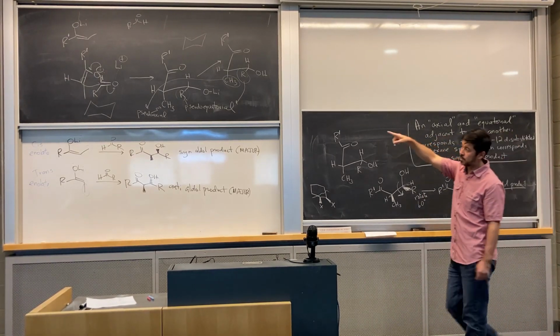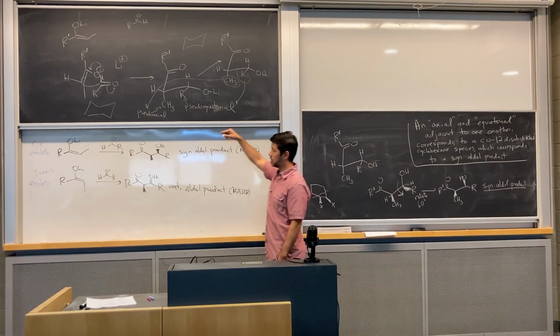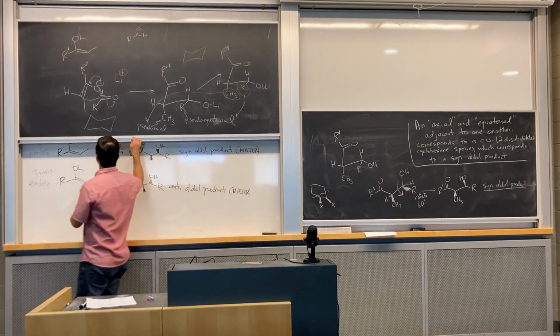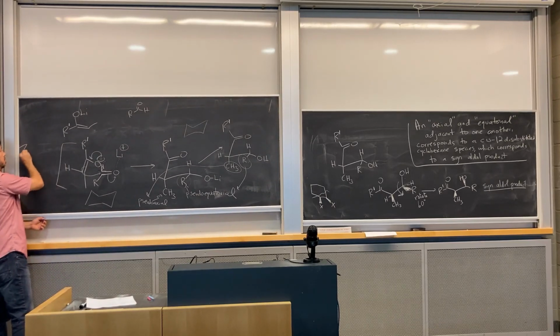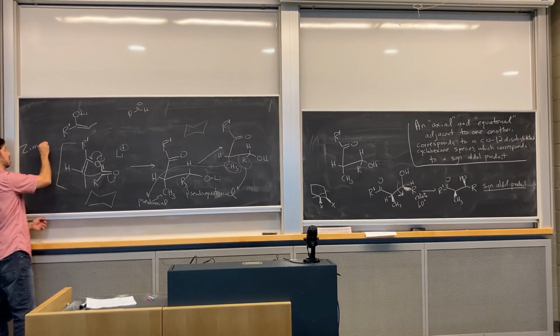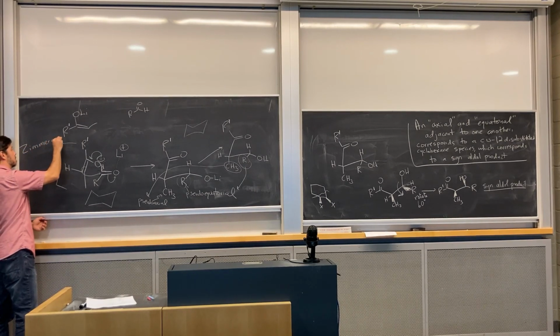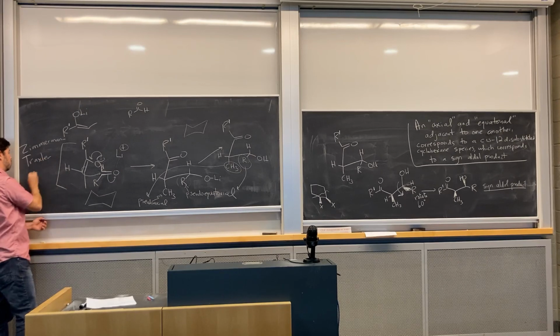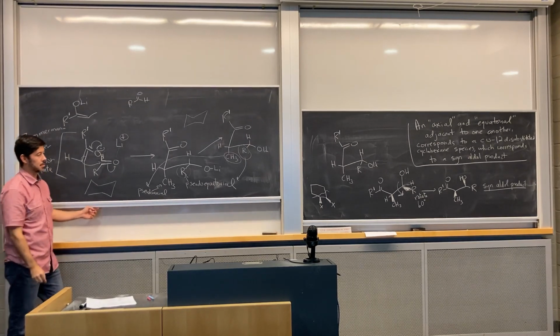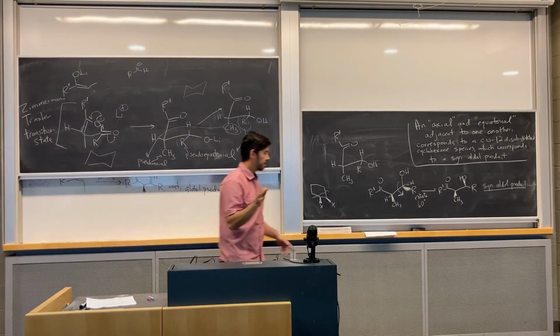This six-member transition ring is called the Zimmerman-Traxler transition state. Okay, so let that digest for just a moment.